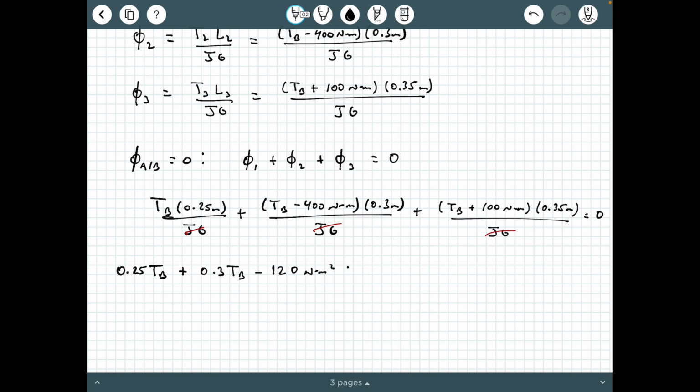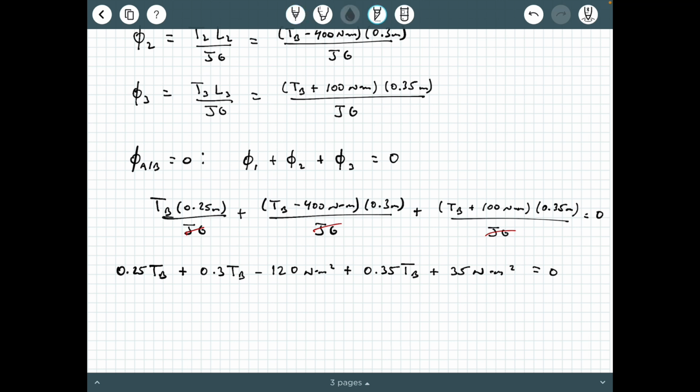And then we're going to say plus 0.35 TB plus 35 Newton meter squared equals 0.